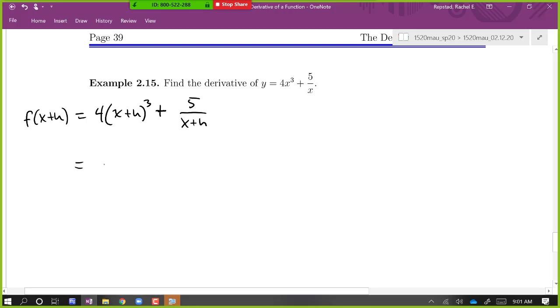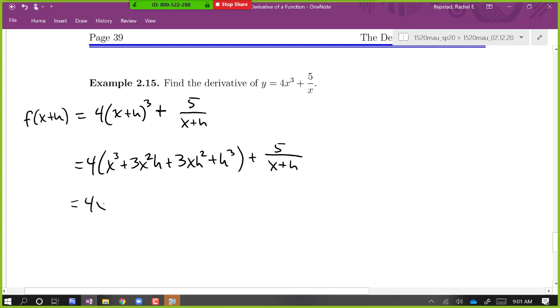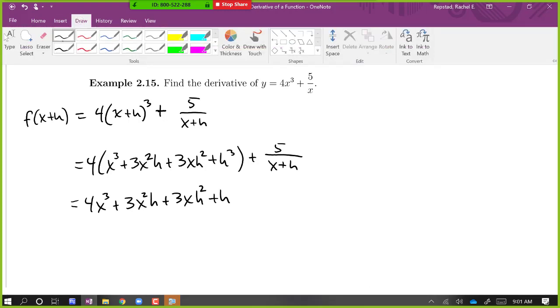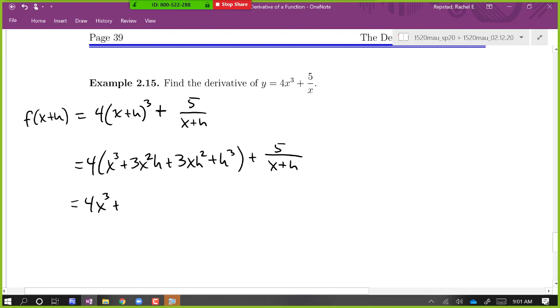If you use Pascal's triangle on this, you get x cubed plus 3x squared h plus 3xh squared plus h cubed. And then I'll distribute that 4. I said distribute the 4, and then I proceeded to not distribute the 4. Let me fix that.